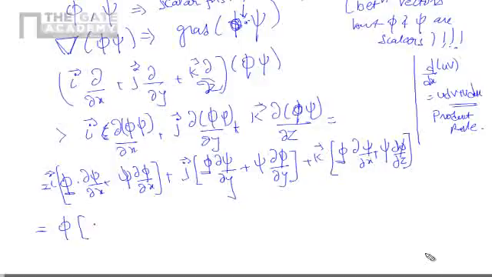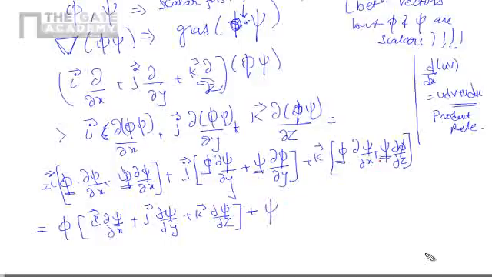So if I write it out, what will I get? Phi times, I vector dou psi by dou x plus j vector dou psi by dou y plus k vector dou psi by dou z, plus, similarly, psi I have here, here and here.